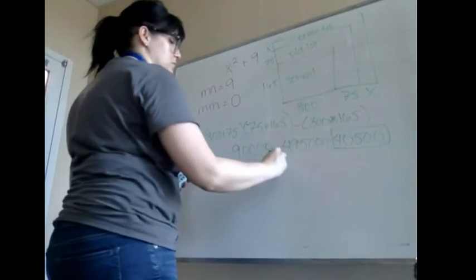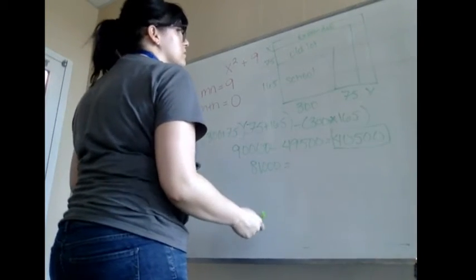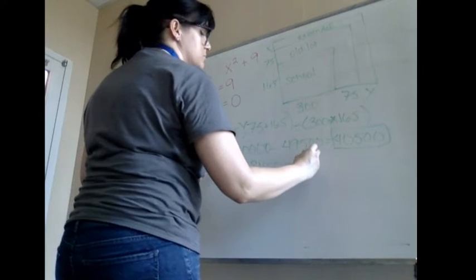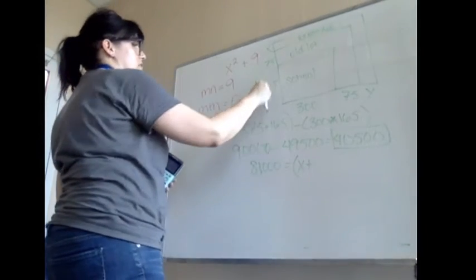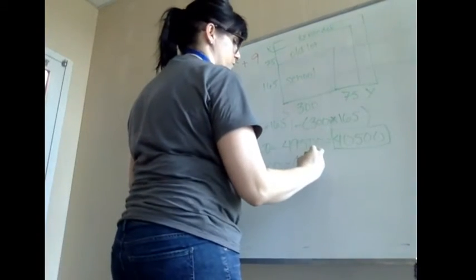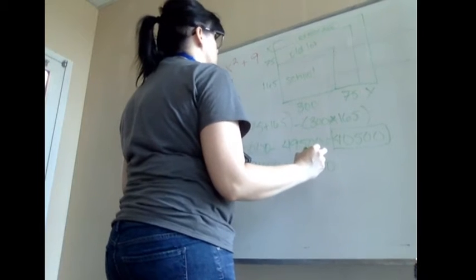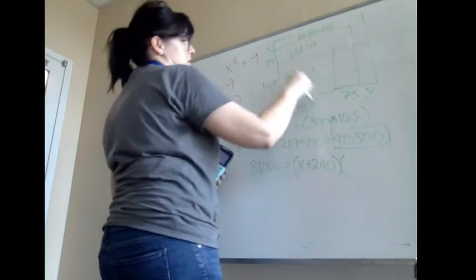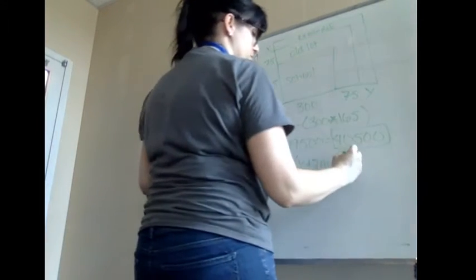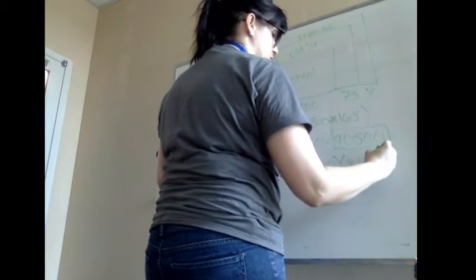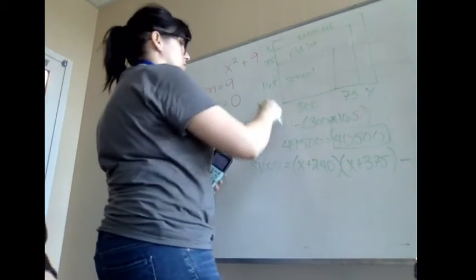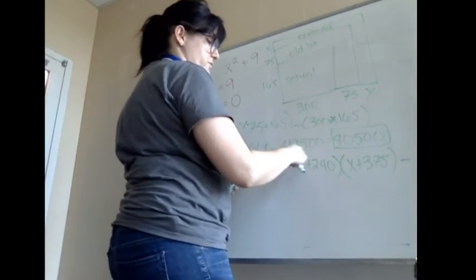So 81,000 must be equal to x plus 75 plus 165, which is 240, times x plus 375, and then minus the 165 times the 300, which was 49,500.